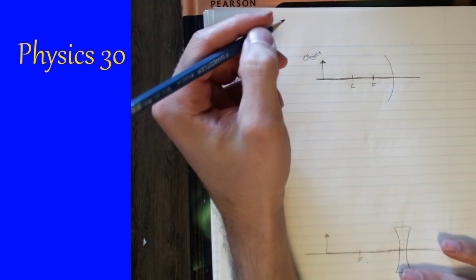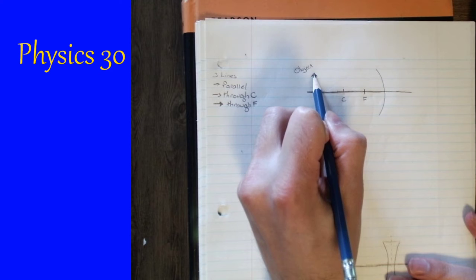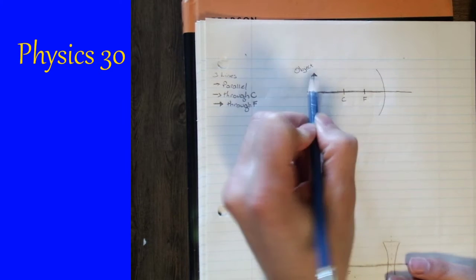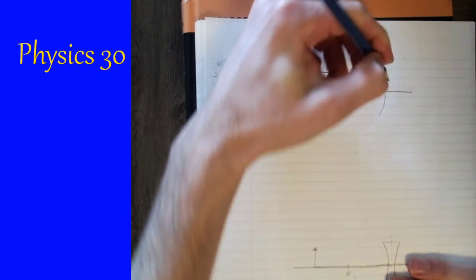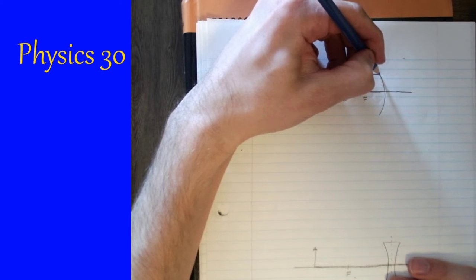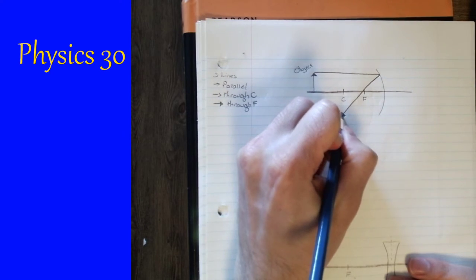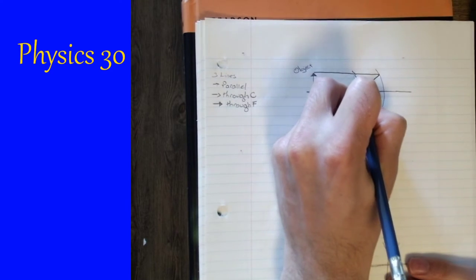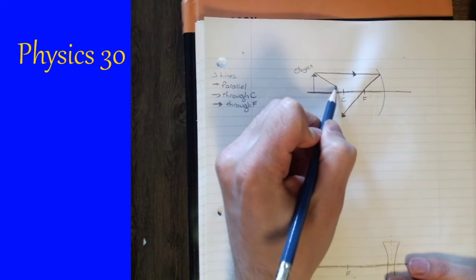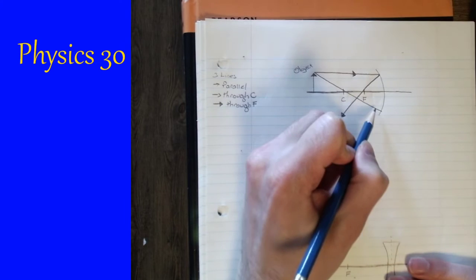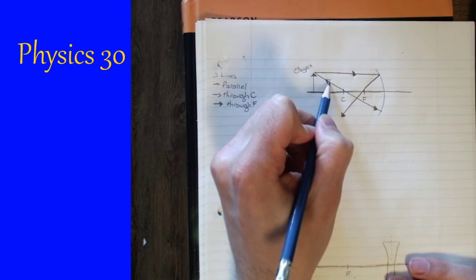Okay, and that's because this is what's going to happen. Due to our law of reflection and a curved mirror, a ray parallel to the principal axis hits the mirror and reflects through the focal point. A ray through the center hits the mirror and bounces completely back in the exact same line.